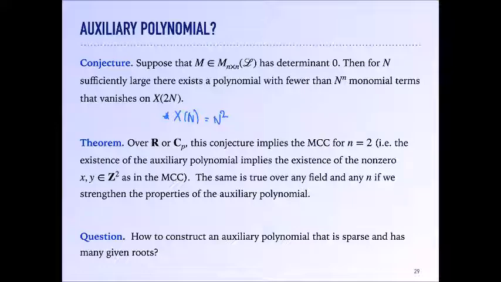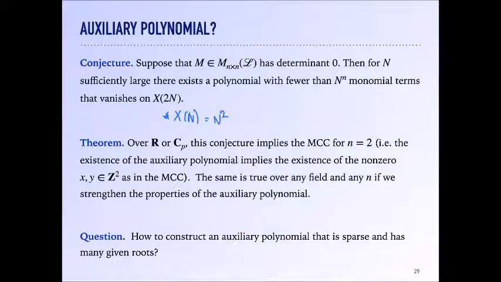If I pose some extra condition that is a little technical, then in an argument similar to Master's, in fact I invoke Master's theorem, you can then prove the conclusion of the matrix coefficient theorem, that is, there's a non-zero vector x and y that you multiply, you get 0.